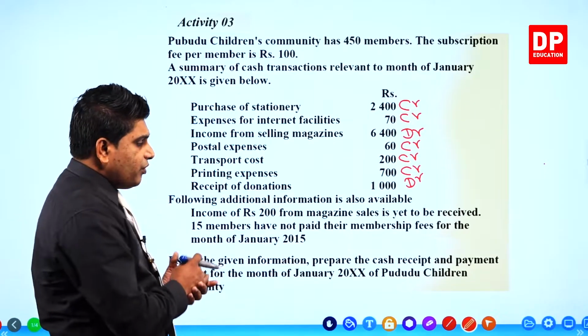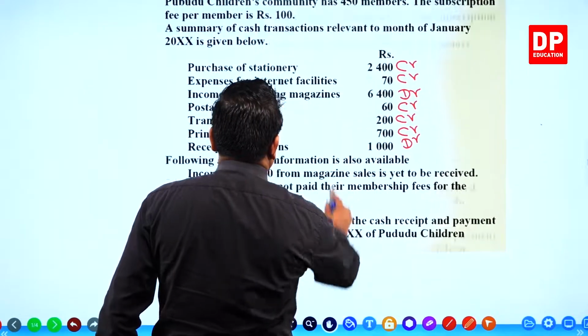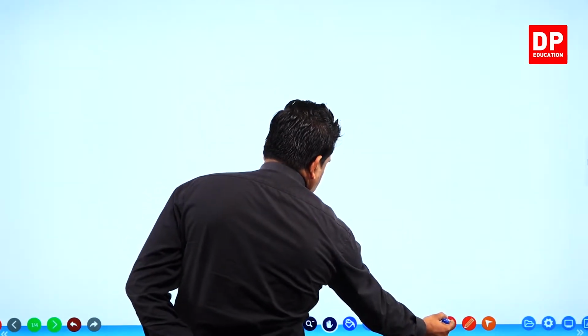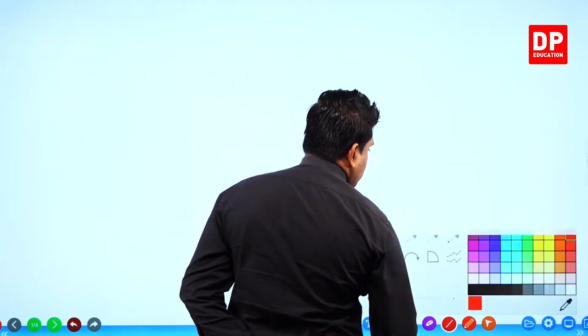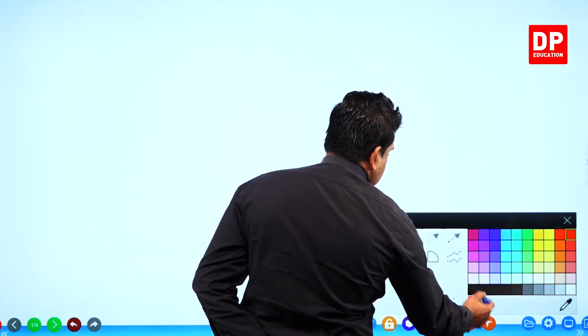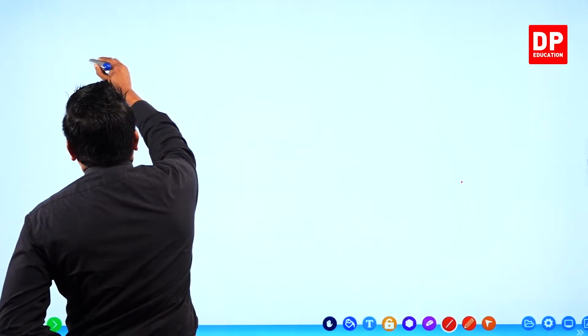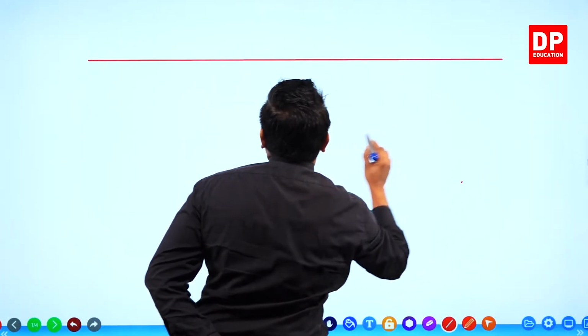Okay, now we move to the question. Then you have to draw a cash account. Is it a cash account? We give it a name, as receipts and payment, right? Then you draw a line and you draw an account.